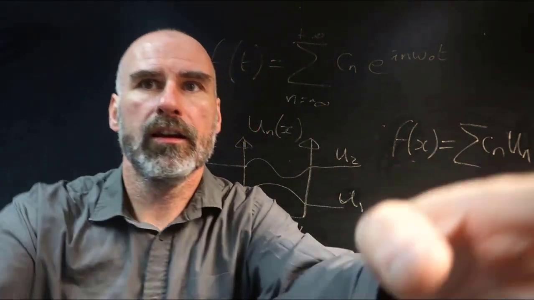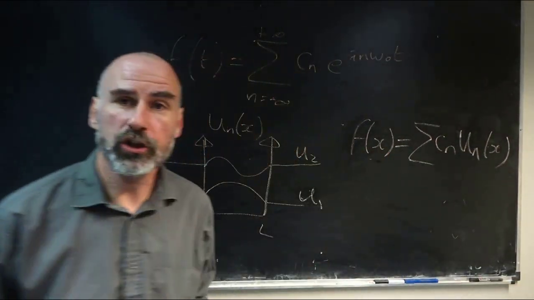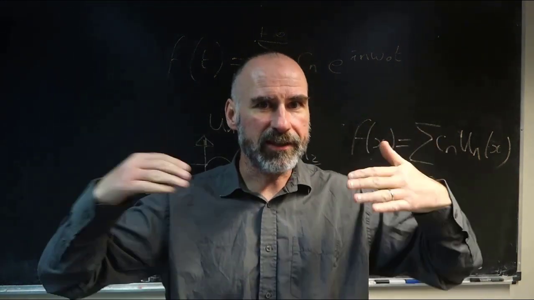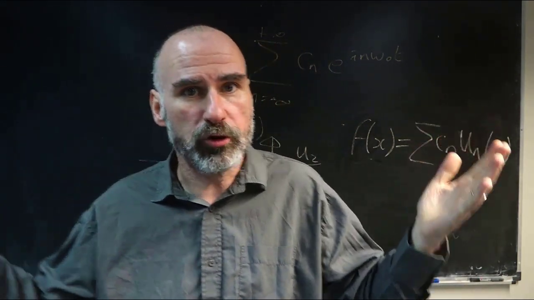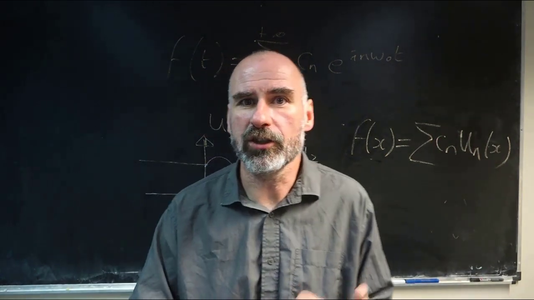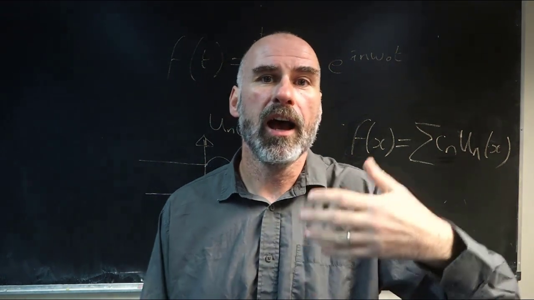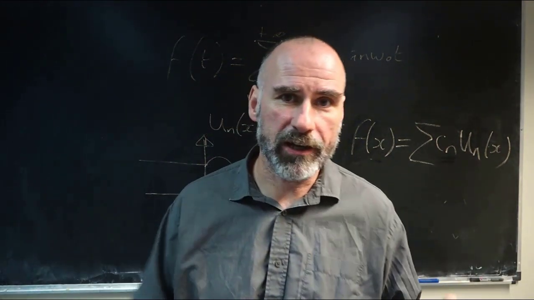And we can represent our function in just the same way. It's the same idea. We have a set of basis functions or ingredients for an arbitrary function, and we add those ingredients in just the right way by setting these coefficients to just the right values to recreate that function.